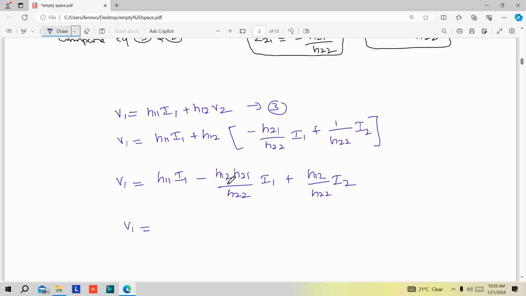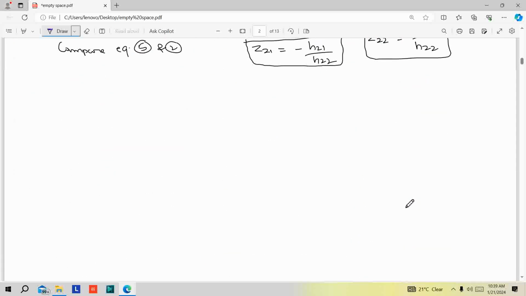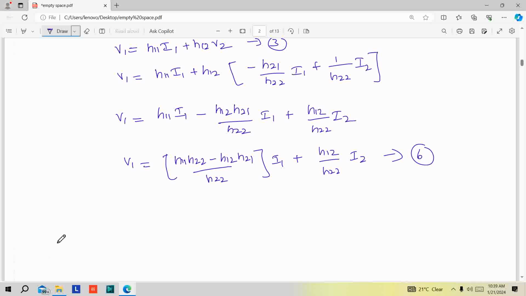So V1 is equal to, here you can take an LCM, H22. So here H11 H22 minus H12 H21, into I1, plus H12 divided by H22 I2. Call this equation 6.